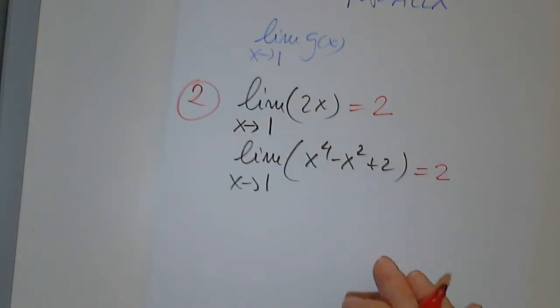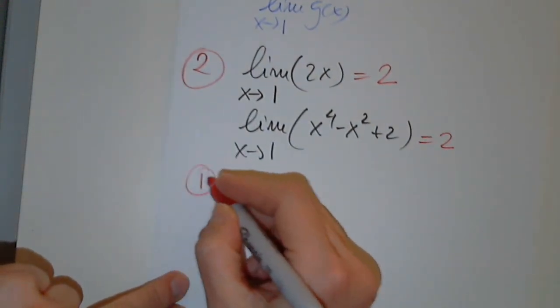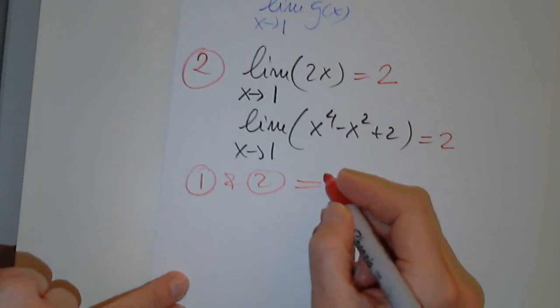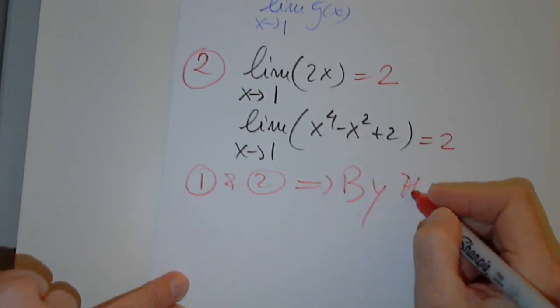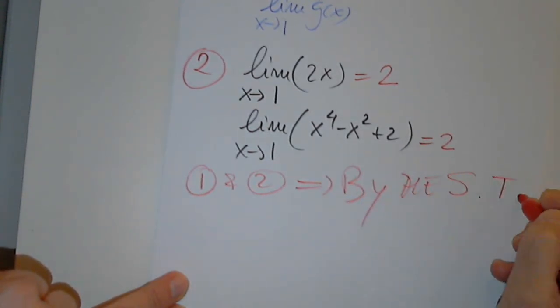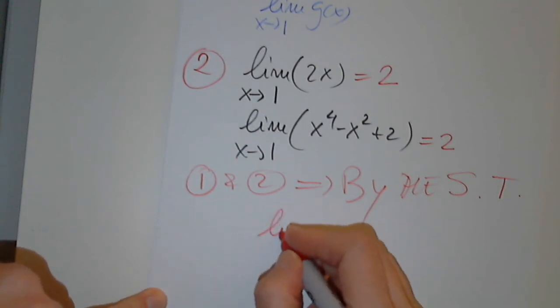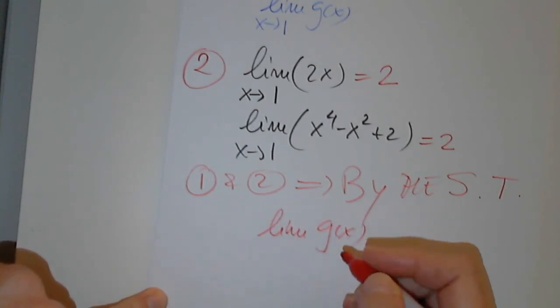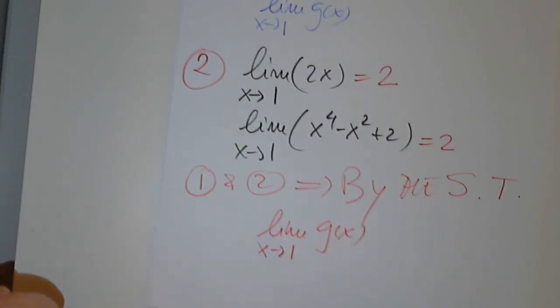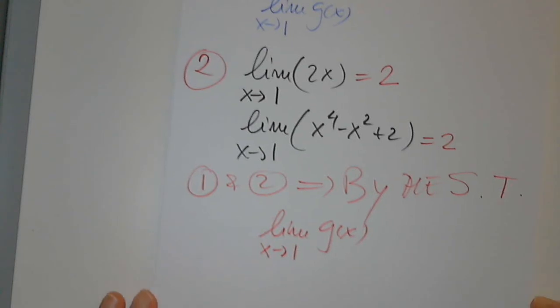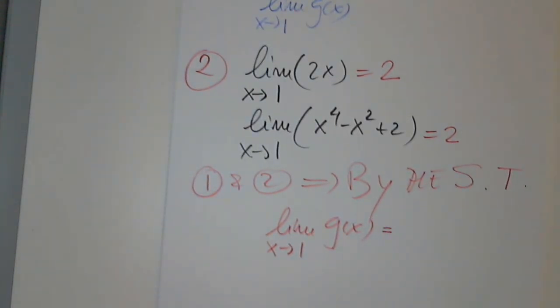Excellent. So then what do I conclude from 1 and 2? By the squeeze theorem, how much is the limit of g of x, that I don't even have, when x approaches 1? How can I determine a limit of something I don't even have? As a typical example for the squeeze theorem, this must be exactly it.